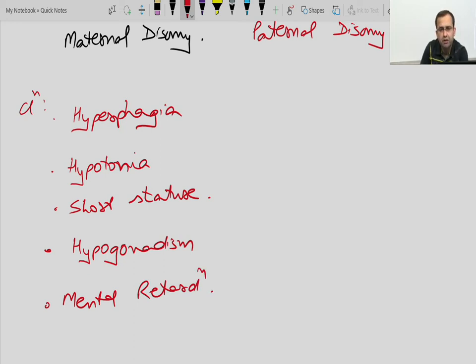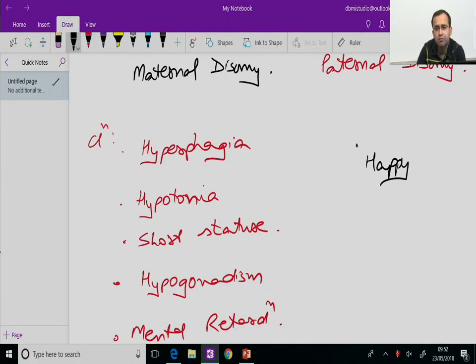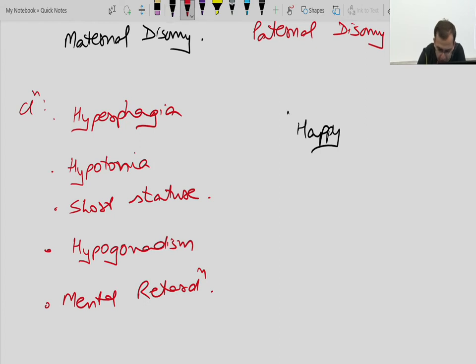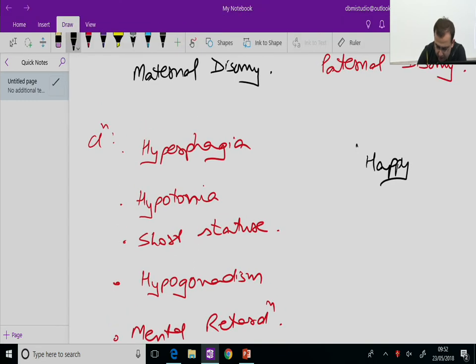This is Prader-Willi versus Angelman. If father is not at home, mother and daughter laugh crazily whole day. So the classical term is called happy puppets.